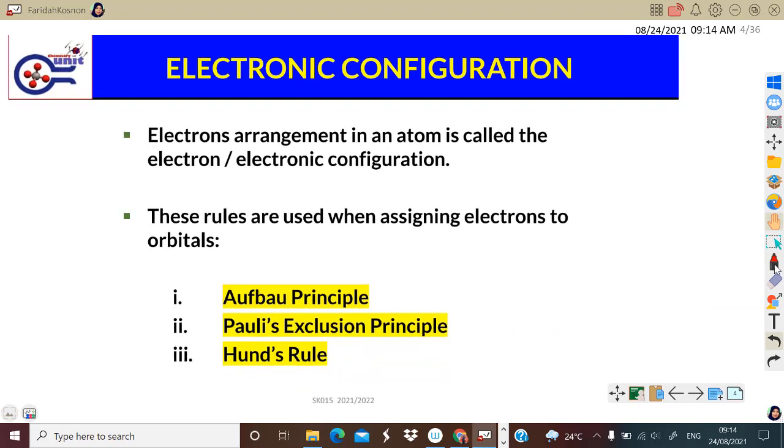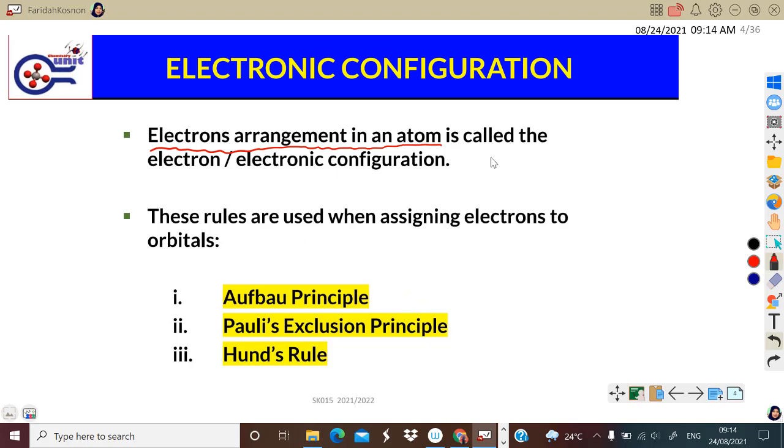Alright, so what is electronic configuration? Electronic configuration shows the electrons arrangement in an atom. Right? It shows how the electrons are arranged in an atom or how the electrons are distributed in atomic orbital.